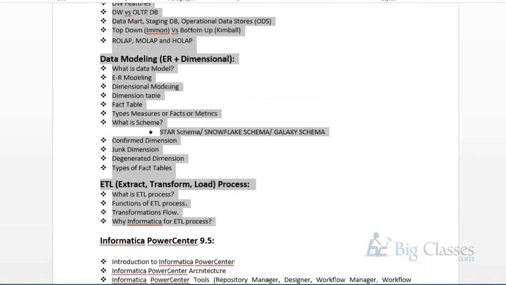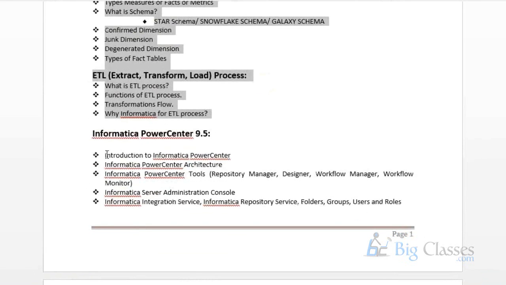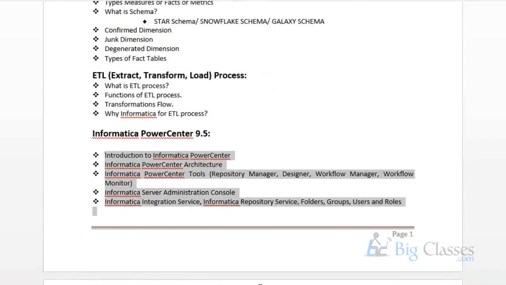After that, we'll start Informatica PowerCenter.